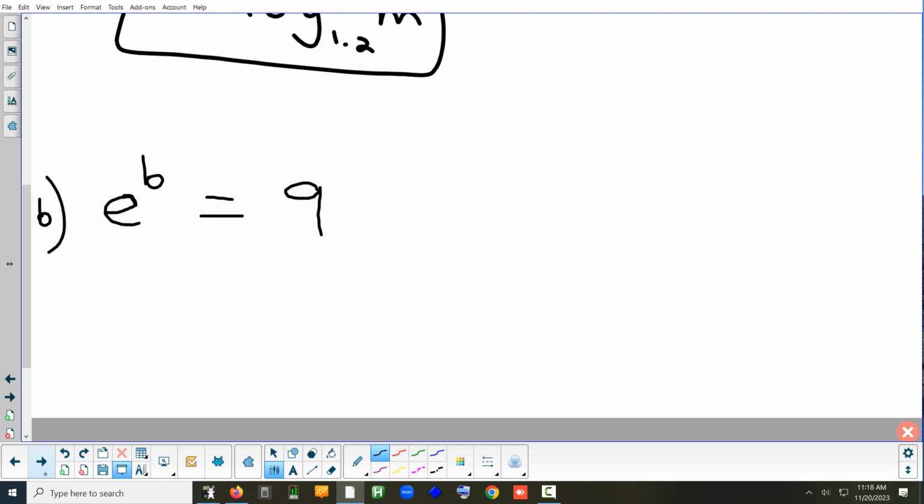Let's try this one. e to the b equals 9. So Ryan, what's the first thing I'm going to write down if I'm going to change this to log form? Yep, let's put the word log. And what's this log going to equal? Yeah, b. Logarithm always equals the exponent. What's going to be the base on my log?